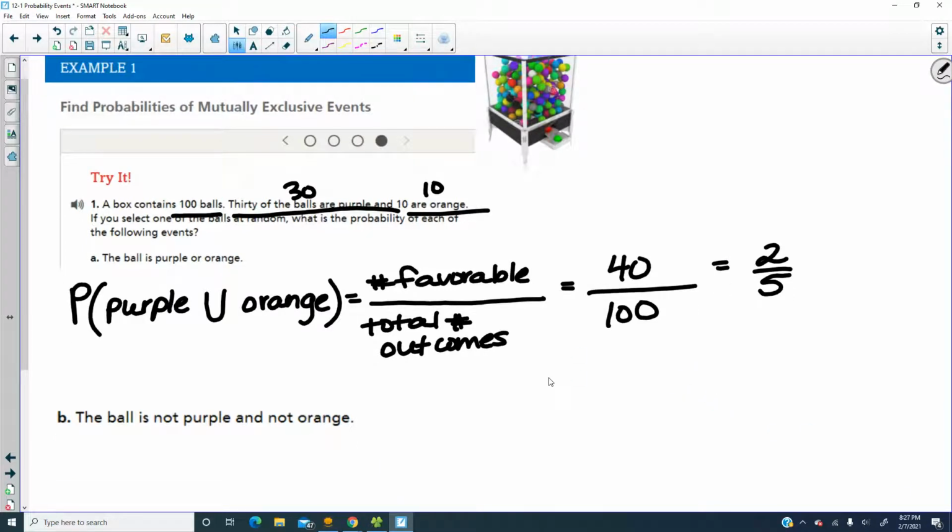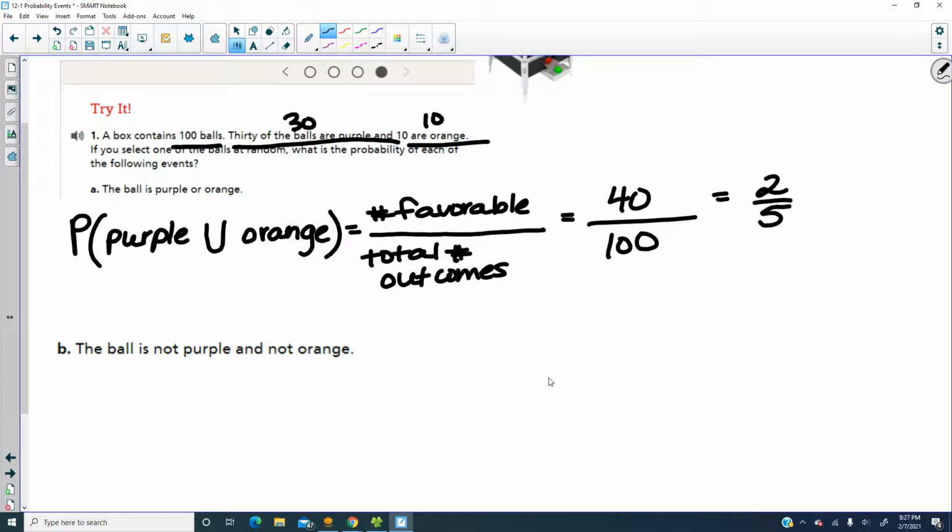Okay, this is part B. Probability that the ball is not purple and not orange.